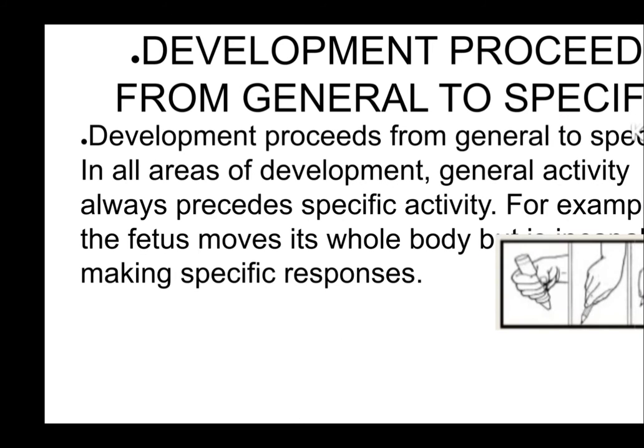Next, development proceeds from general to specific. Development proceeds from general to specific in all areas of development. General activity always precedes specific activity. For example, the fetus moves its whole body but is incapable of making a specific response. Another example is given in the image.